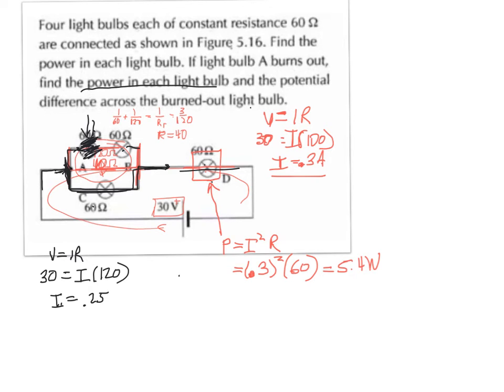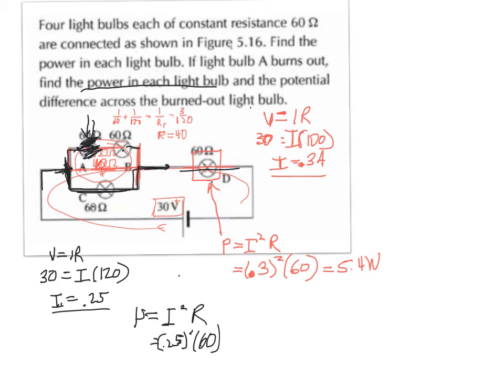This light bulb, C and D, will both have the same power because they both have a current of 0.25 and they both have a resistance of 60. So we know that P, like I did in the first one, P equals I squared R. So I was 0.25 squared and then times 60.